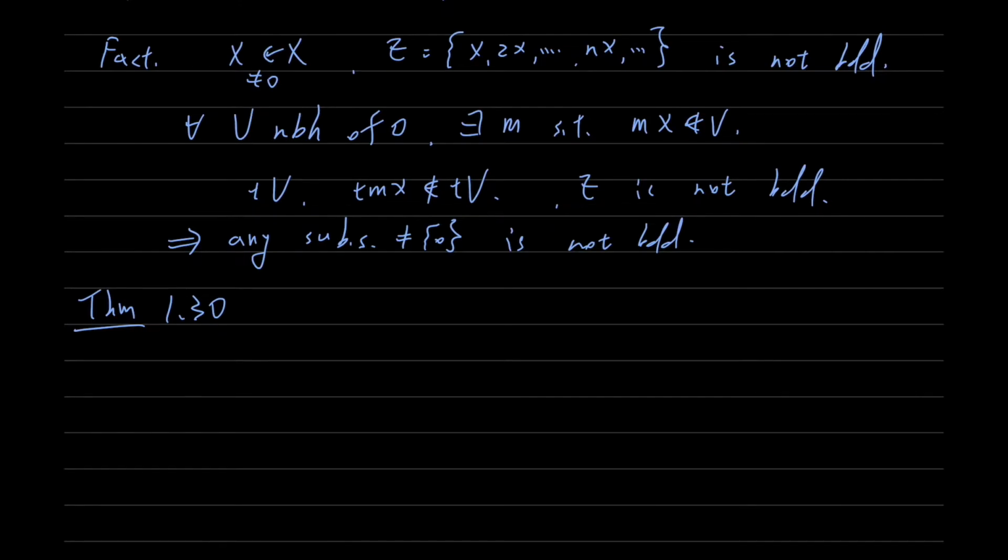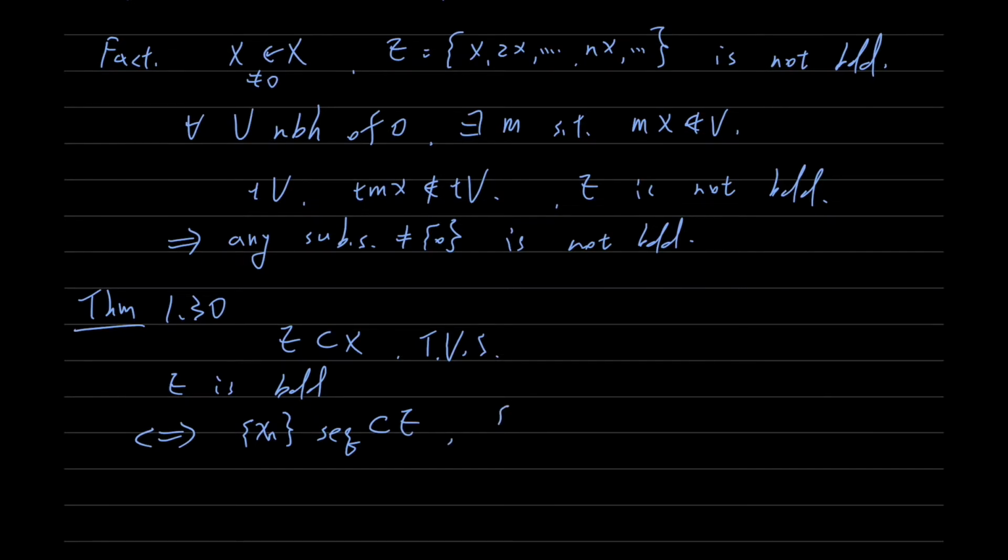It says that E is a subset of a topological vector space, then E is bounded if and only if for any sequence xn in the set E, and alpha n a sequence such that it converges to 0, then alpha n xn converges to 0.